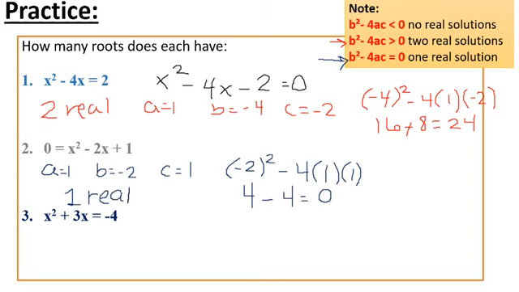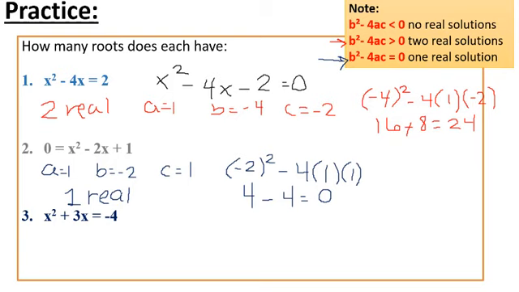Now, mind you, 0 is not the solution to this. I would have to solve using the entire quadratic formula, or I could solve using one of my other methods to determine what the one real answer would be. This is just a way to tell us how many solutions there should be.